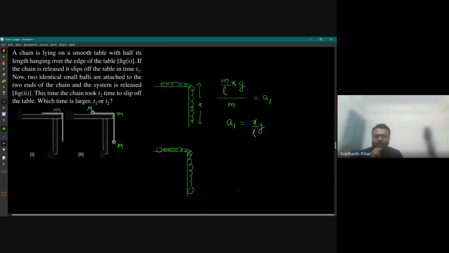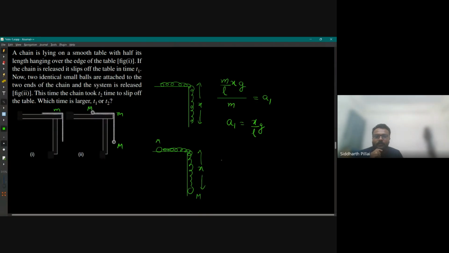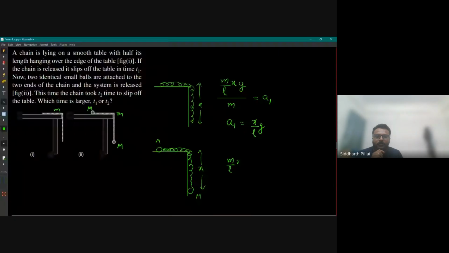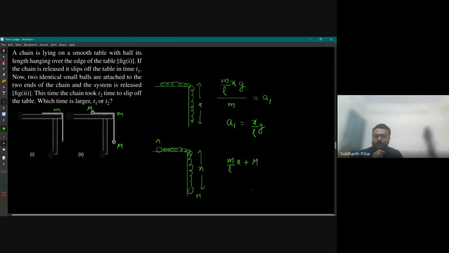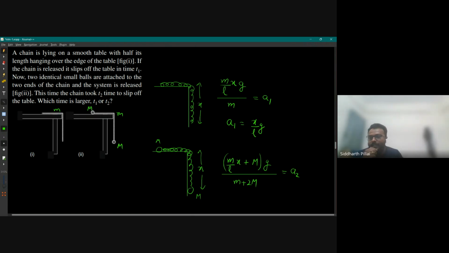The part that is hanging, let it again be X, but you have this mass also here, right? So the force would be M by L into X plus capital M into G, divided by the total mass, which would be M plus 2M, correct? This would be the acceleration as a function of X, the length which is hanging out.